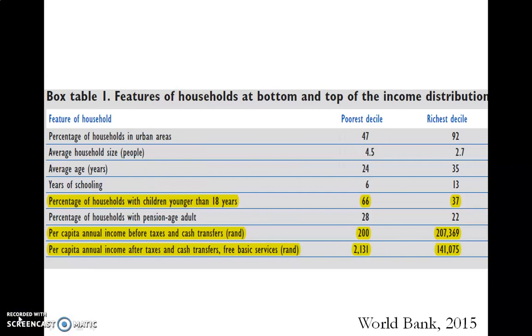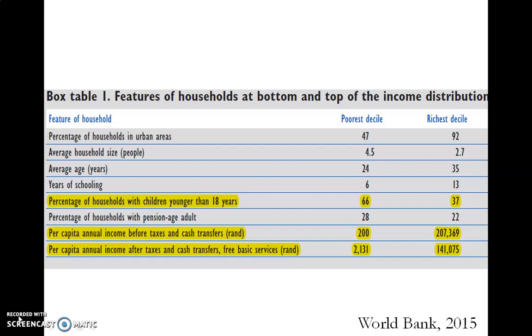This slide focuses on the features of households at the bottom and top ends of the income distribution. We're dealing specifically with deciles, so looking at the poorest 10% and the richest 10%. In terms of the percentage of households with children younger than 18, you can see in the poorest decile it is far higher at 66% compared to 37% in the richest decile.